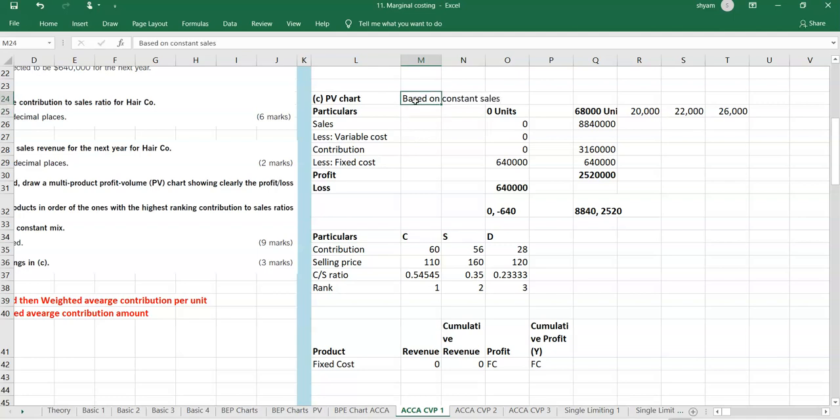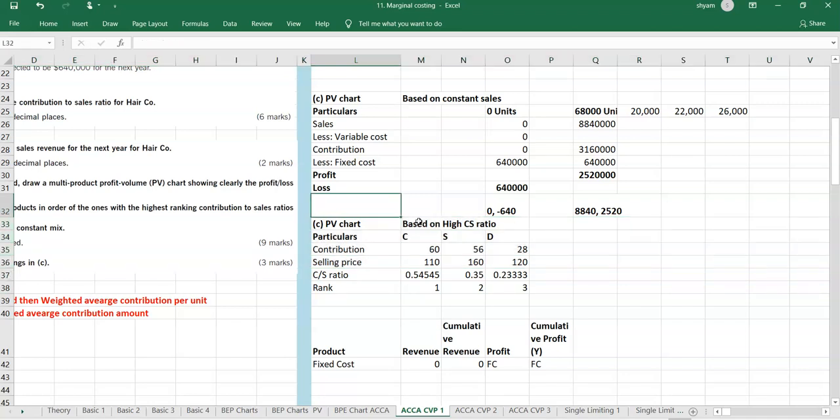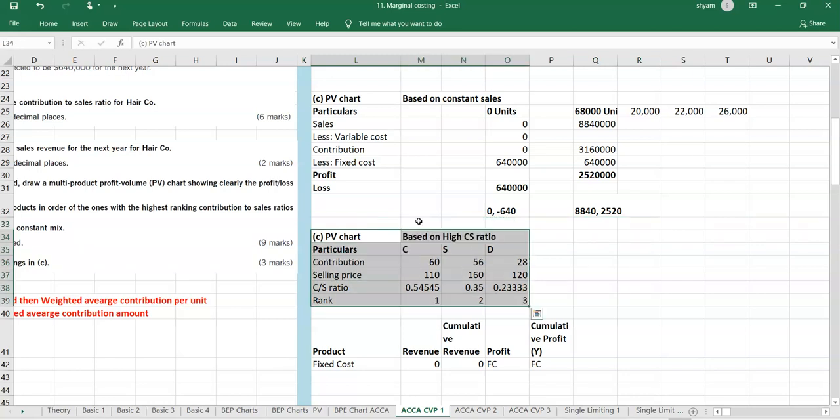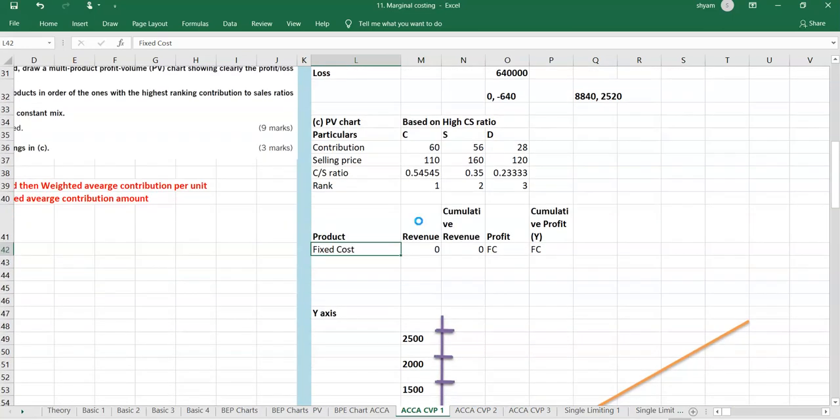Now we have to draw a chart based on high CS ratio. So we have to start it from here. We'll do it now.